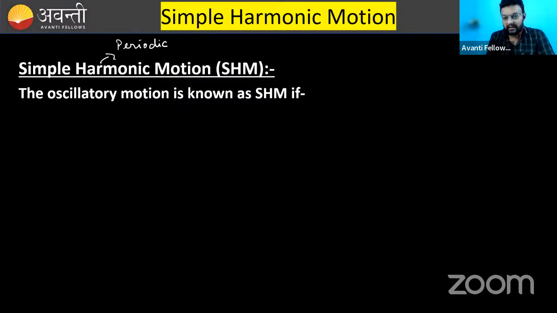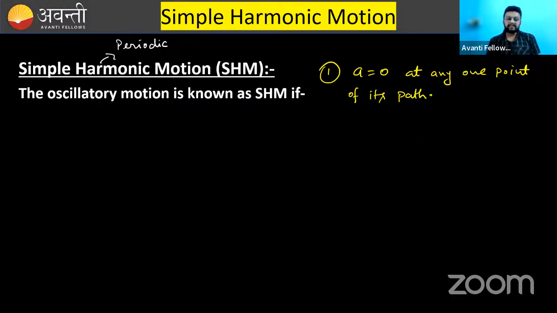First thing, acceleration should be zero at any one point of its path. If a particle is executing oscillatory motion, then along its path, at any one point, acceleration must be zero. Then this oscillatory motion may be called simple harmonic motion. This was the first condition.